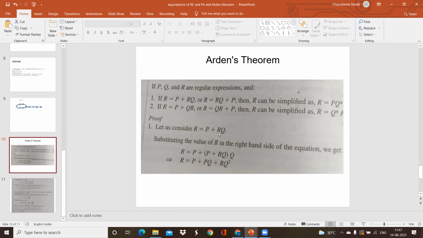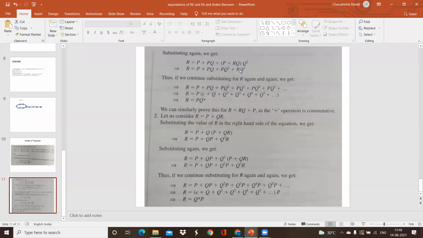So this P is as it is, and this is just mathematics. Once you solve this bracket, you get P plus PQ plus RQ. Now again this R you can replace with P plus RQ, and when you simplify it, you get it like this.